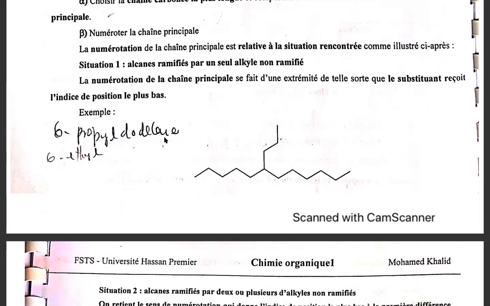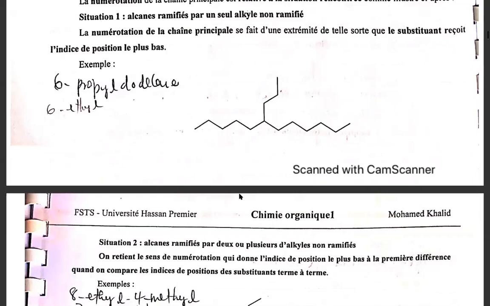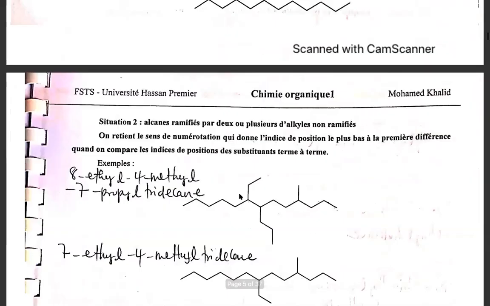Then the "ene" here is the suffix that shows that this chain we're talking about, this hydrocarbon we are looking at, is an alkene. Any questions? We go to the next example if there are no questions.